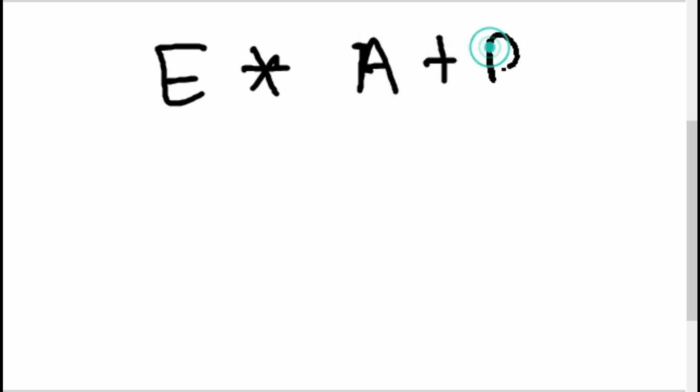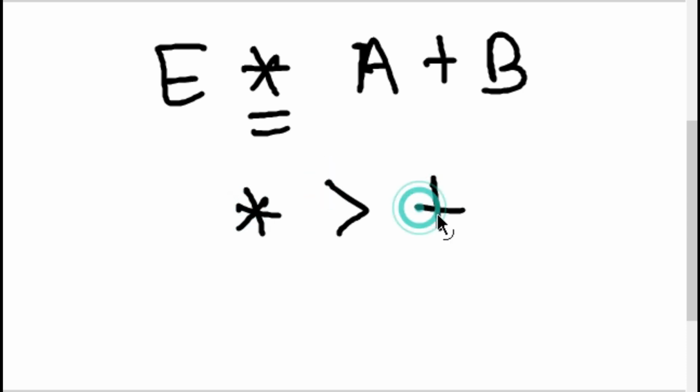Now if we see an equation E star A plus B, in this case star has a higher precedence over plus. There is a hierarchy which says open bracket has the highest precedence, then there is ID or any operand like A, below that there is star and division symbol.